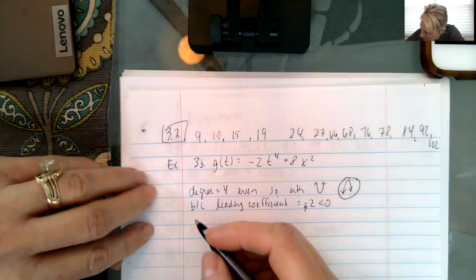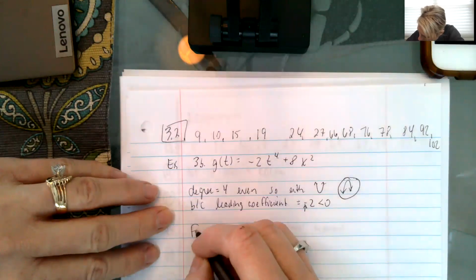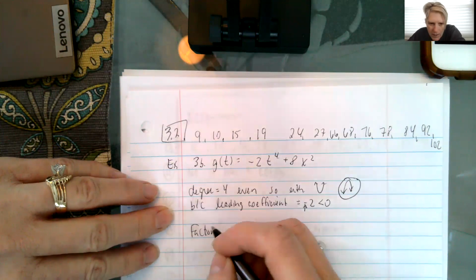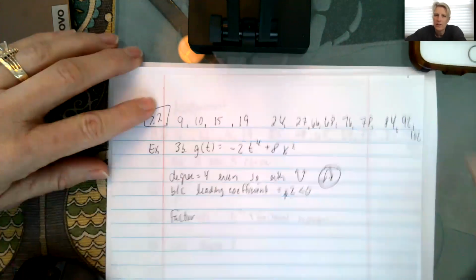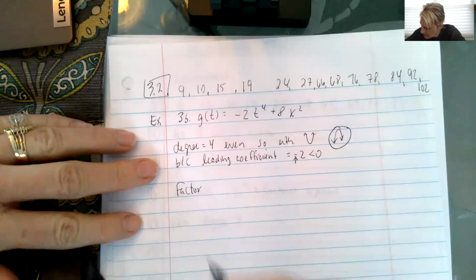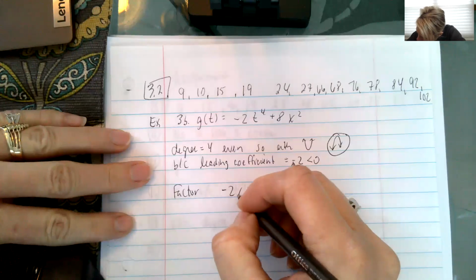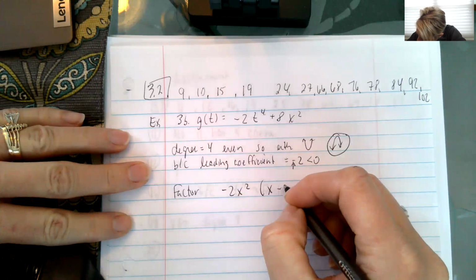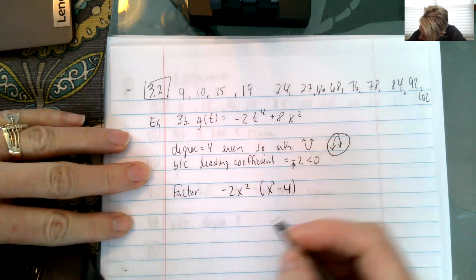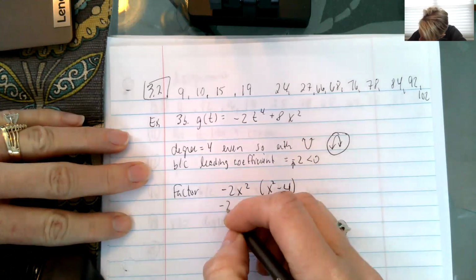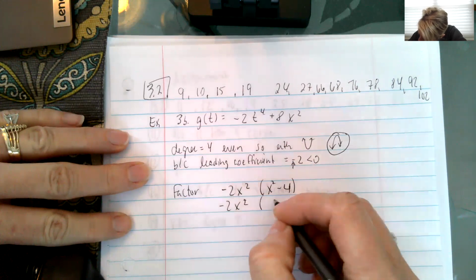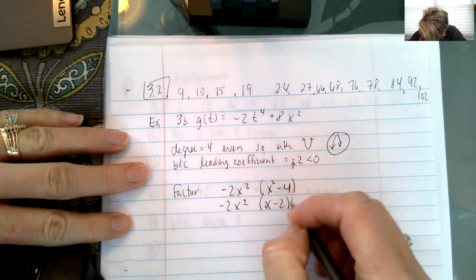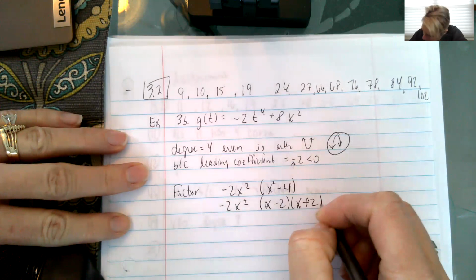Then we want to factor it and see what else we know. So I'm going to show you the factoring here just because you can't draw in Desmos the exponents as well. So a negative 2x squared comes out, and then we have x squared minus 4. And then this is our factoring into x minus 2, the conjugate's x plus 2.